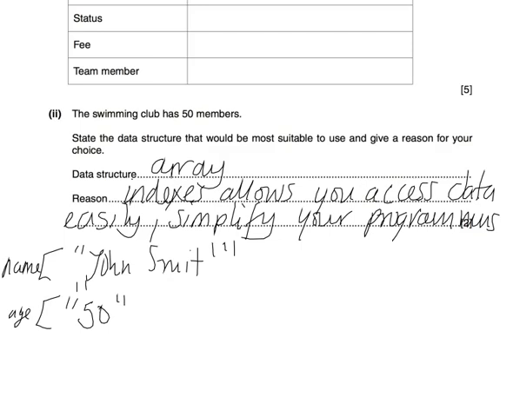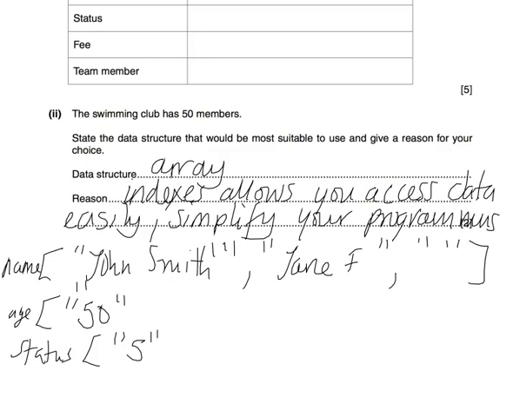Then you could have another one for the status, and that would be a senior, etc. And you could have other people's names in there as well, Jane F or whatever. And obviously you can use the index, where you are in the array, to identify across arrays. So array index 0 is John Smith, he's 50, and he's a senior.